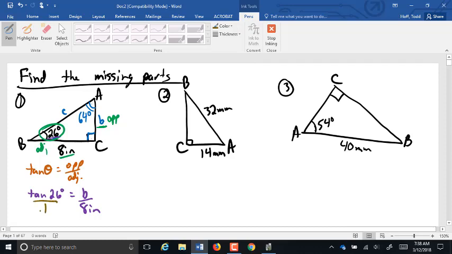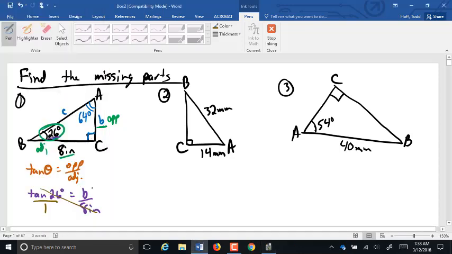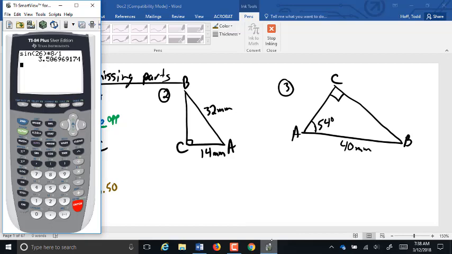So what I'm going to do is make that into a proportion by putting it over 1. So now I have the sine of 26 degrees times 8 divided by 1. Sine 26, I have to make sure I close my parentheses, times 8 divided by 1 is 3.507. Did I put in the wrong thing? I did sine, didn't I? Good catch.